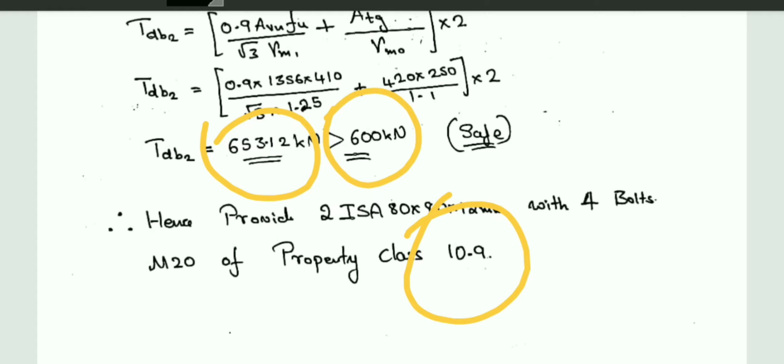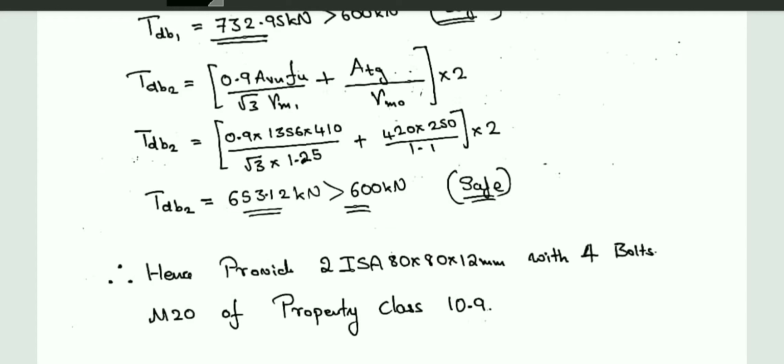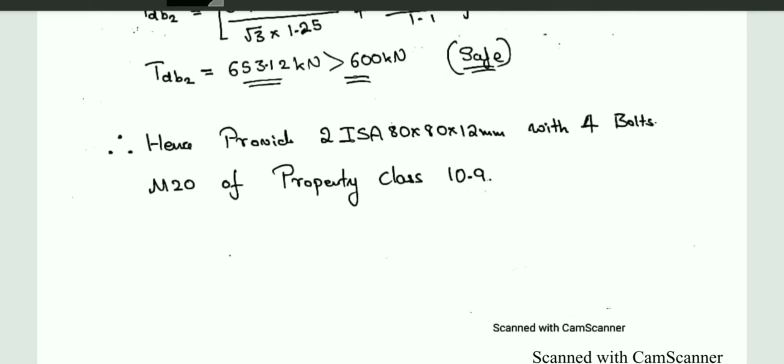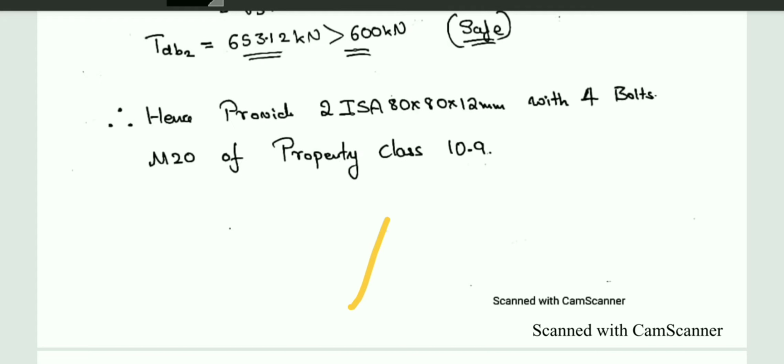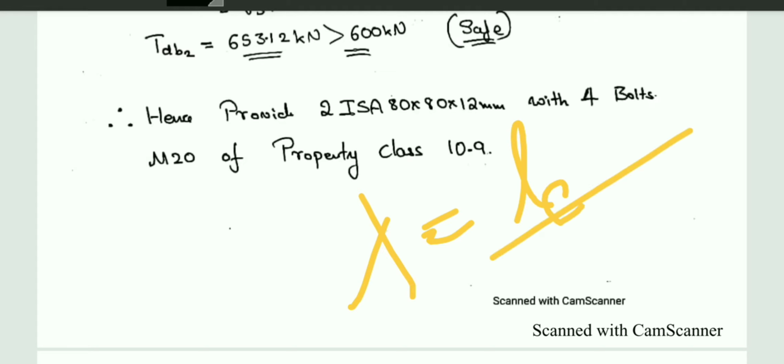In some problems they will ask you to check the slenderness ratio. The slenderness ratio will be equal to L, the effective length, divided by the radius of gyration. This radius of gyration you will get from the steel table itself. You'll get 4 values; the minimum radius of gyration you need to consider.